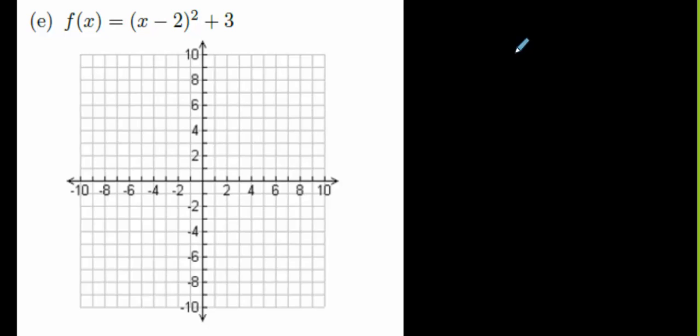Now you can see the parent function is the squared function. It's a parabola, right? So if we look at this one, we've got something like, just do a rough sketch. Okay, now we're moving it to the right 2 and down 3.